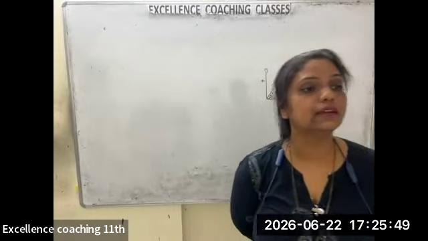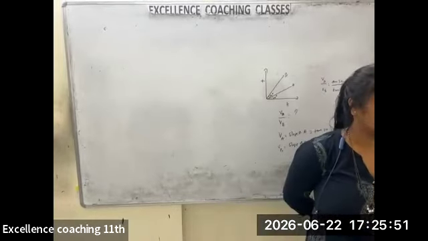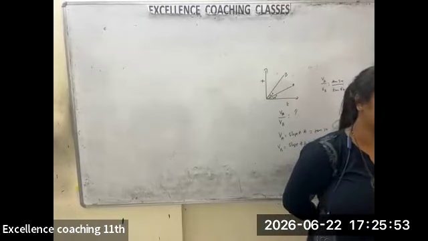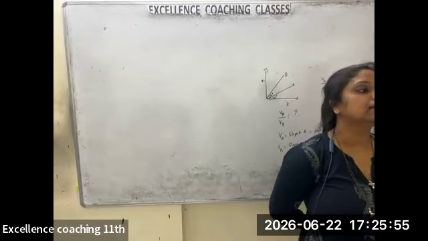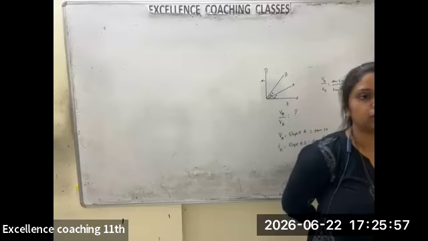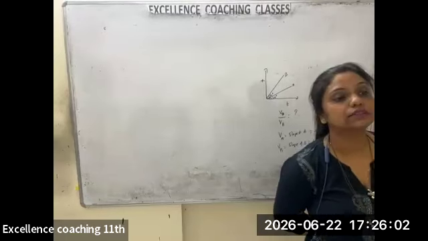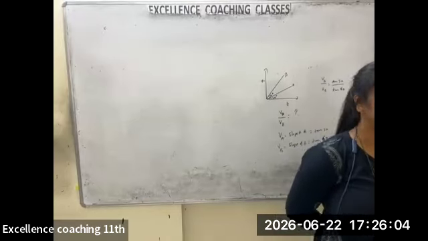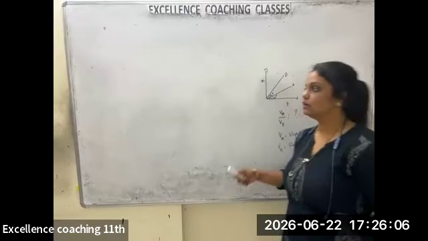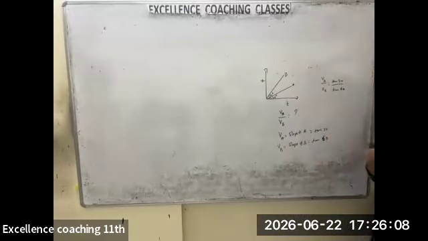How much is sine 30? Sine 30 is half. Cos 30 is root 3 by 2. Sine 60 is root 3 by 2. Cos 60 is half. Okay, so tan will be sin by cos.